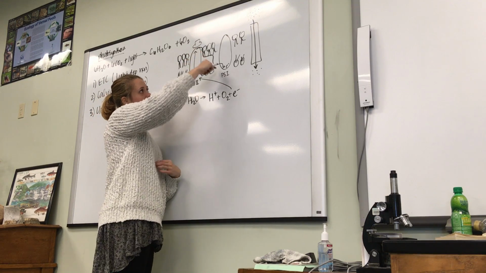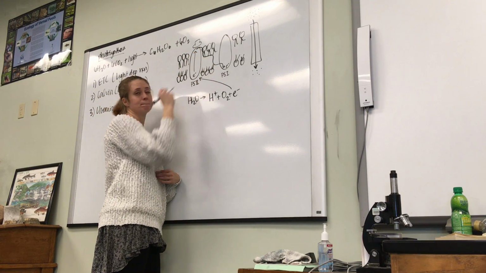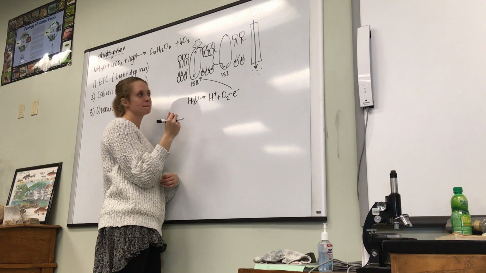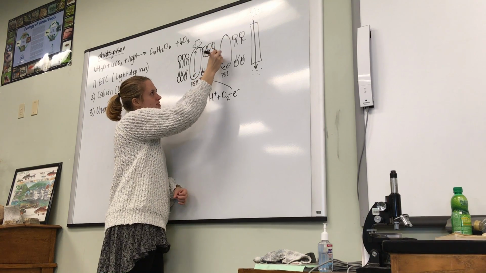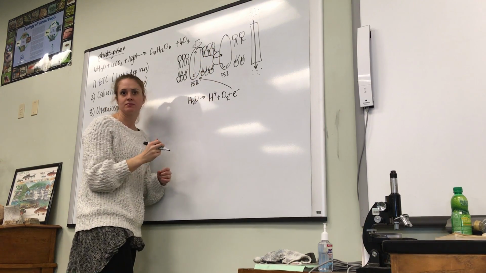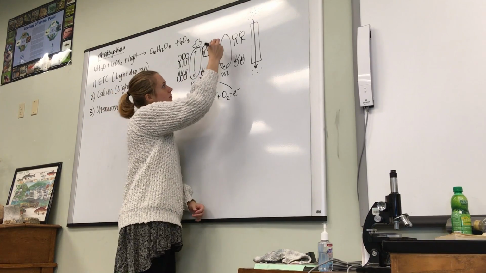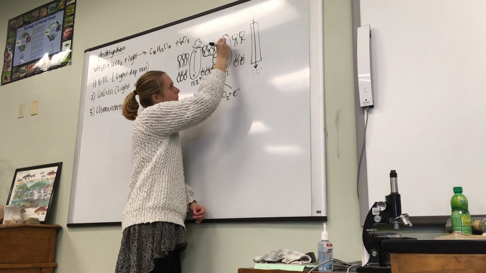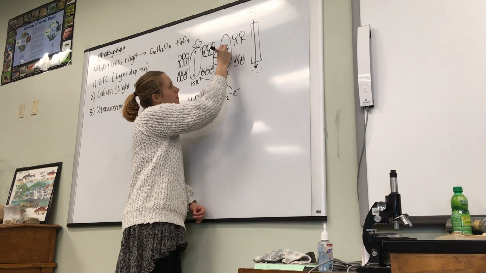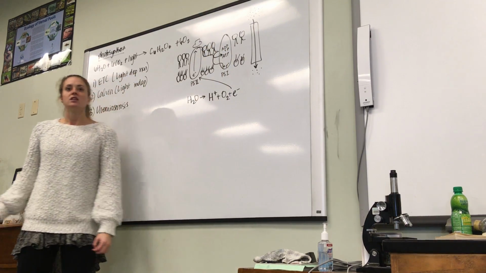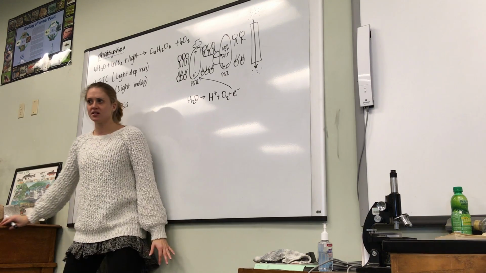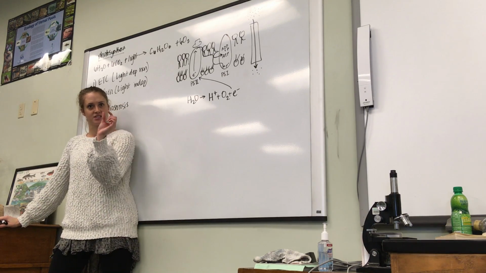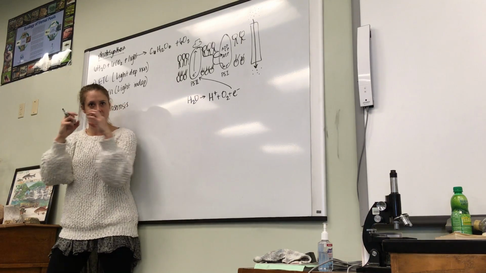What happens as this electron is dropping? Somebody else takes advantage of it losing energy. But then isn't energy gained on the second one? Keep in mind, anytime we phosphorylate something, it takes a little bit of energy to get that P on it.